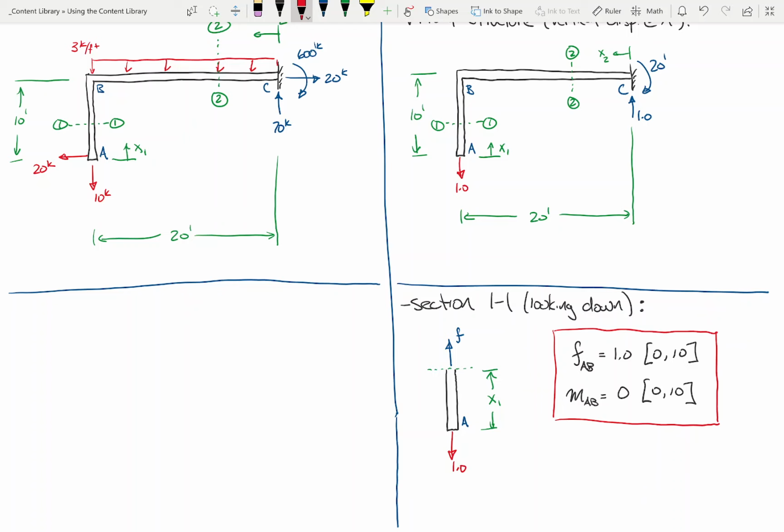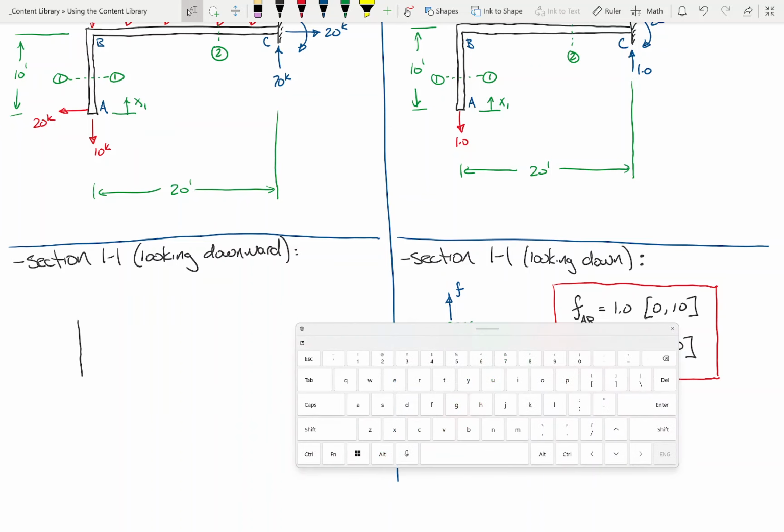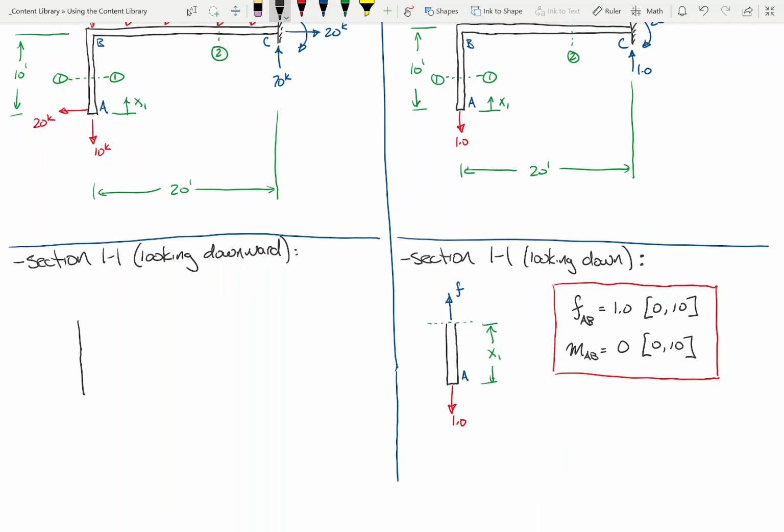Okay? So if you're okay with that, I want you to follow with this over here. Now let's look over here. We're going to be engineers about this. Okay, so we're going to do the same thing.